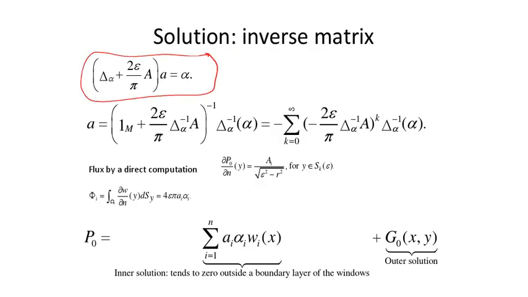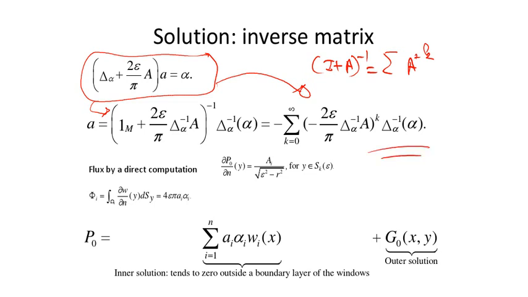So you can do it formally, just invert, and you can expand if you want using this 1 plus a, to the minus 1 formula, which is the sum of a to the k, right? Which is what is written here. And finally, this will give you all the coefficients you are interested in.